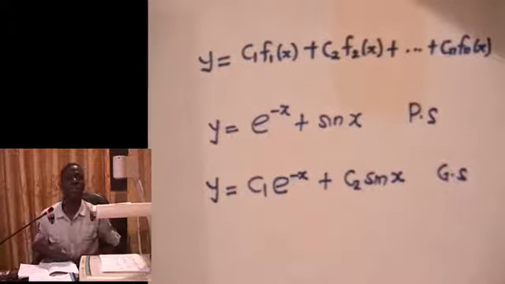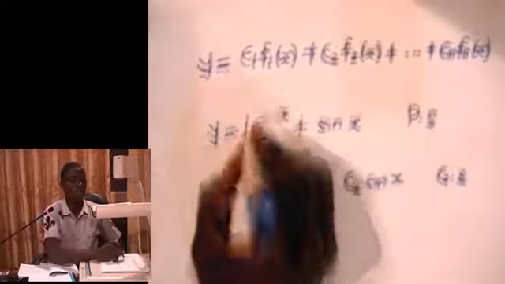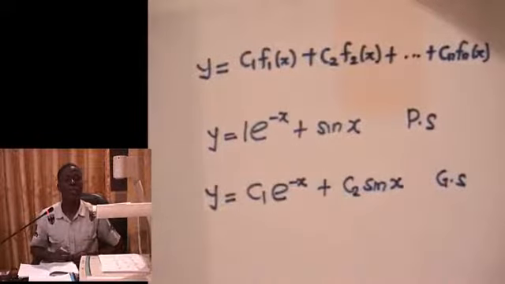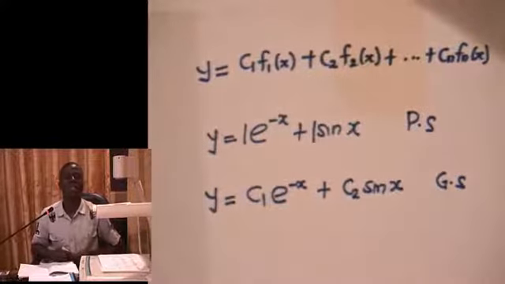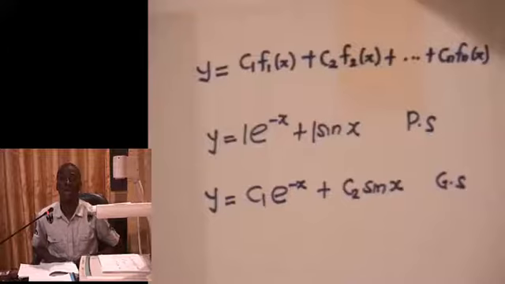The value of c1 in the first solution is 1, and the value of c2 is also 1. So they have taken a particular value, so we call it a particular solution. And when they can take several values, we call it a general solution.